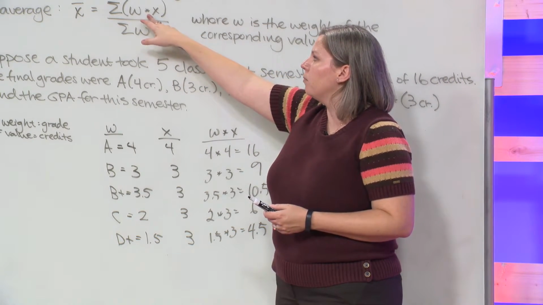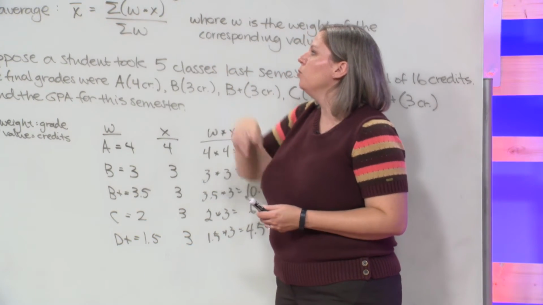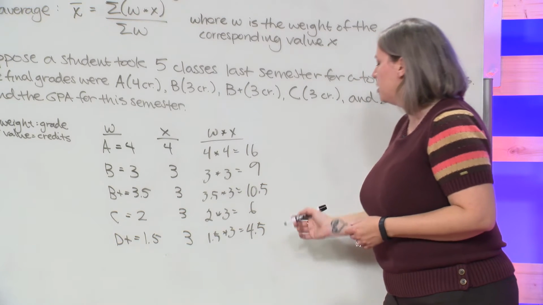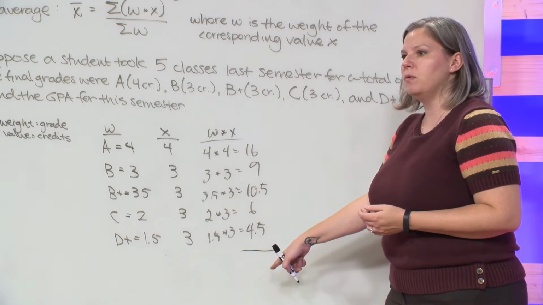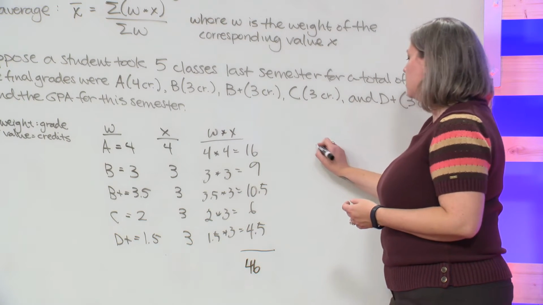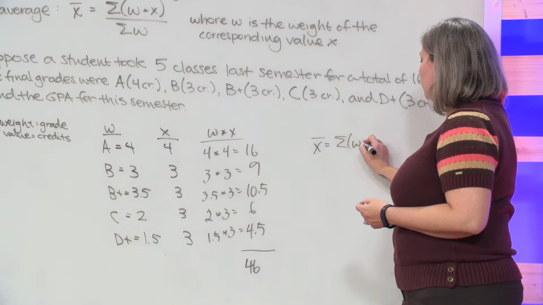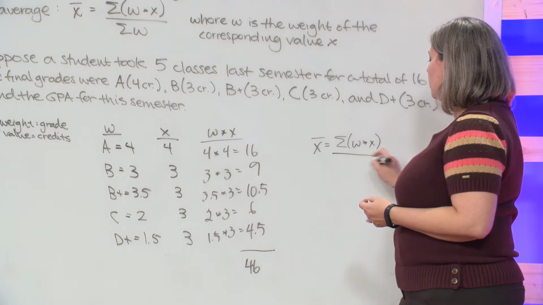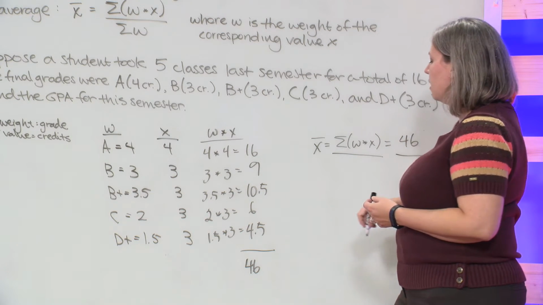I've done order of operations, what's inside the parentheses. So in order to get my numerator, all I need to do is add all these values up. If I take a minute with my calculator and add these up, it turns out that it adds to 46. So right now in my formula, I did the summation of W times X, and I found the answer to be 46.